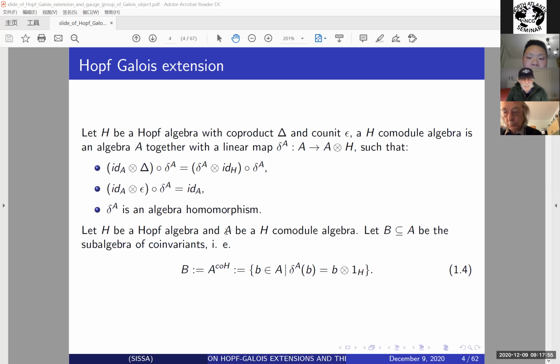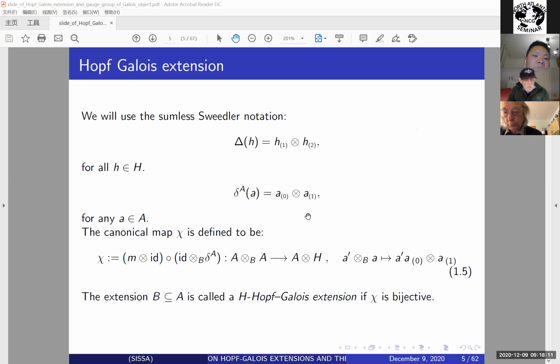And for this comodule algebra A, we can define the subalgebra of coinvariants to be the collection of elements b in A such that Δ_A(b) is equal to b tensor 1_H. And we will always use the Sweedler notation to represent the image of the coproduct and the coactions.